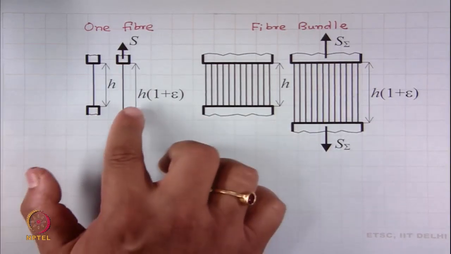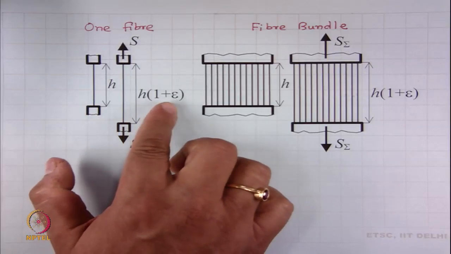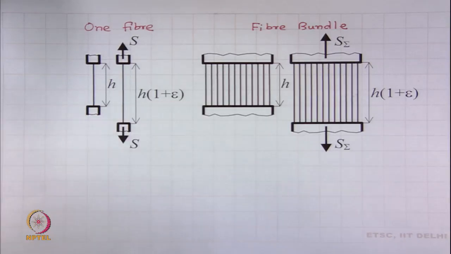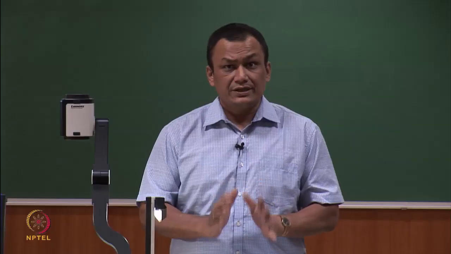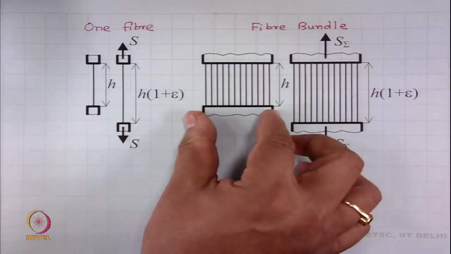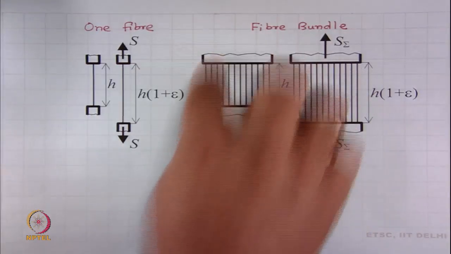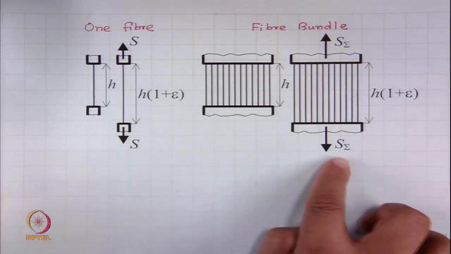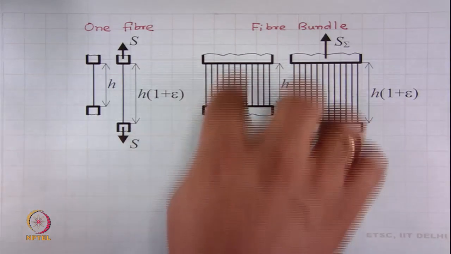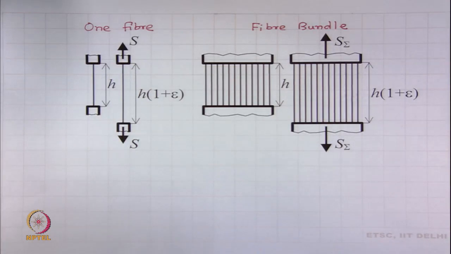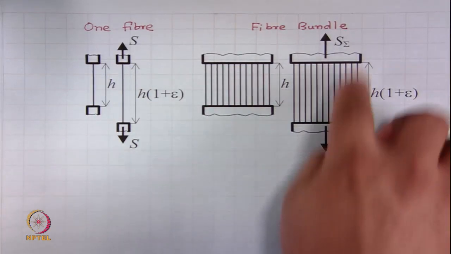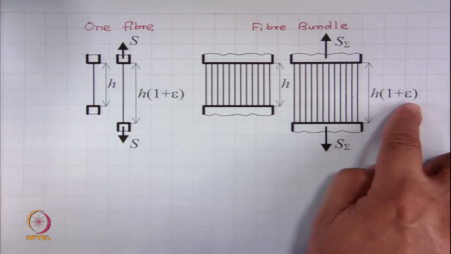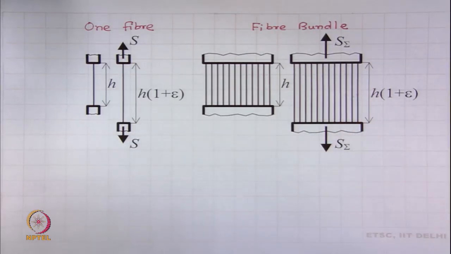So, the length becomes h into 1 plus epsilon, where epsilon is the elongation. Similarly, we consider an ideal fiber bundle, where the initial distance between the jaws is h. Because of application of a force S subscript summation, the fibers extend, and the distance between the jaws becomes h into 1 plus epsilon.